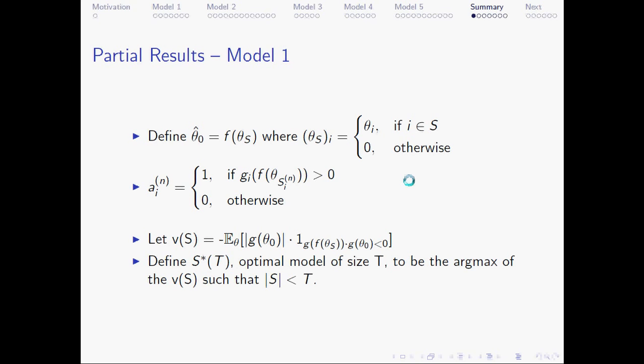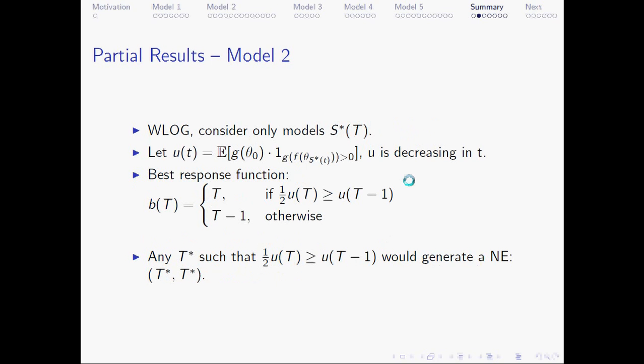And if I maximize this value function for each time constraint t, subject to a constraint such that the model size is a certain number, then I can do this. Of course, if it's the multiplayer game, I can do something similar. I can calculate the expectation given a model of size t.